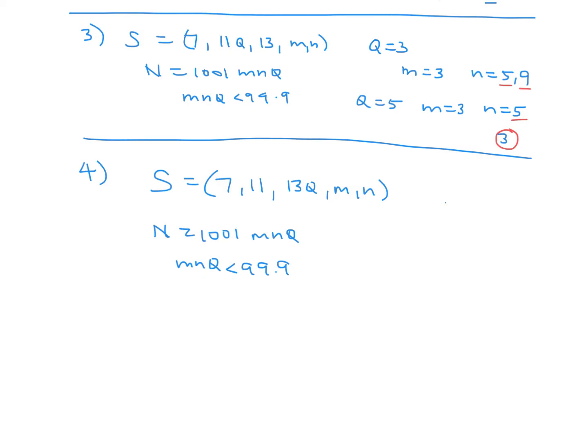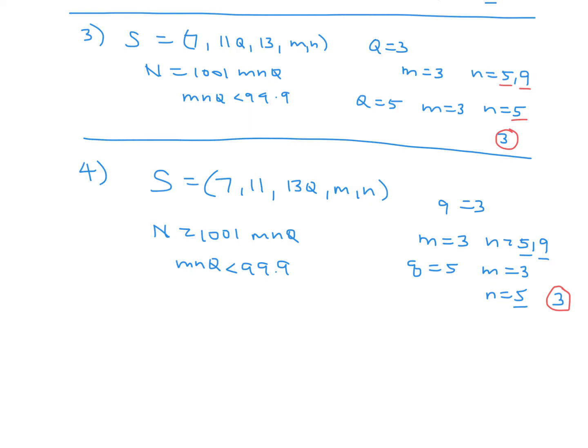And if q is 3, m will be 3, n will be 5 and 9. And if q is 5, m will be 3, and n will be 5. These are the only, again, 3 cases. So again, we have 3 here. And this exhausts all the possibilities.